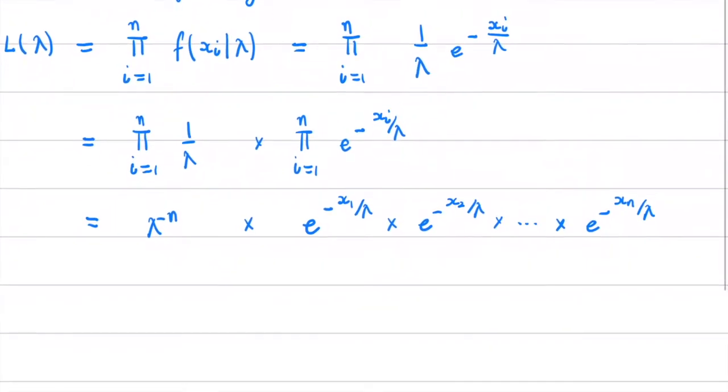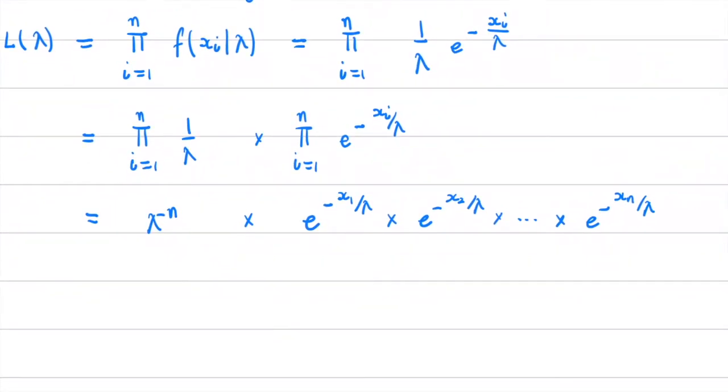And what we're going to do here now is to do a bit of simplification. We know our power laws. We know that when we've got the base, which in this case is e to the power of something, times the same base to the power of something times ..., our power law says that we can just add all the indices together.